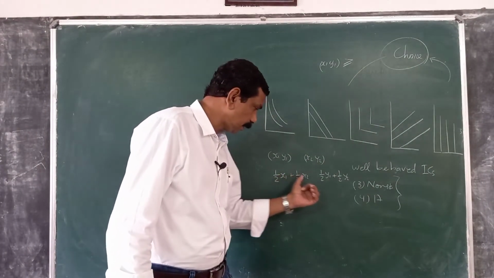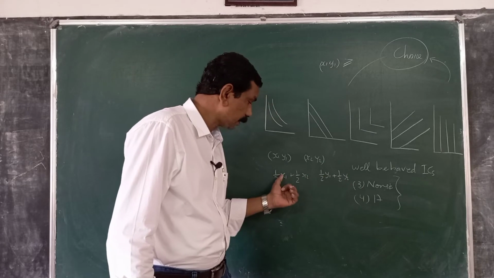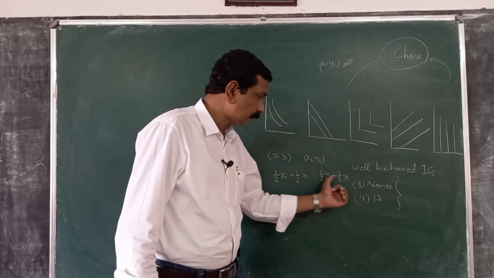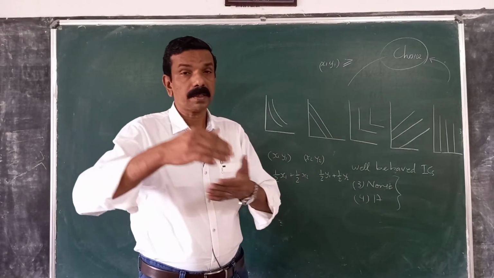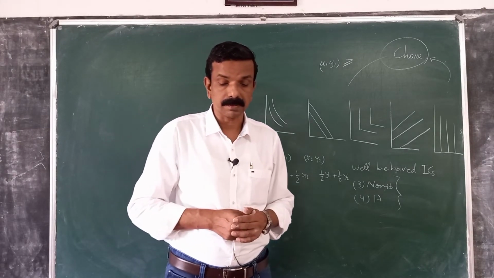These bundles are constructed by taking the averages of x1 and x2, y1 and y2. So averages are preferred to extremes.